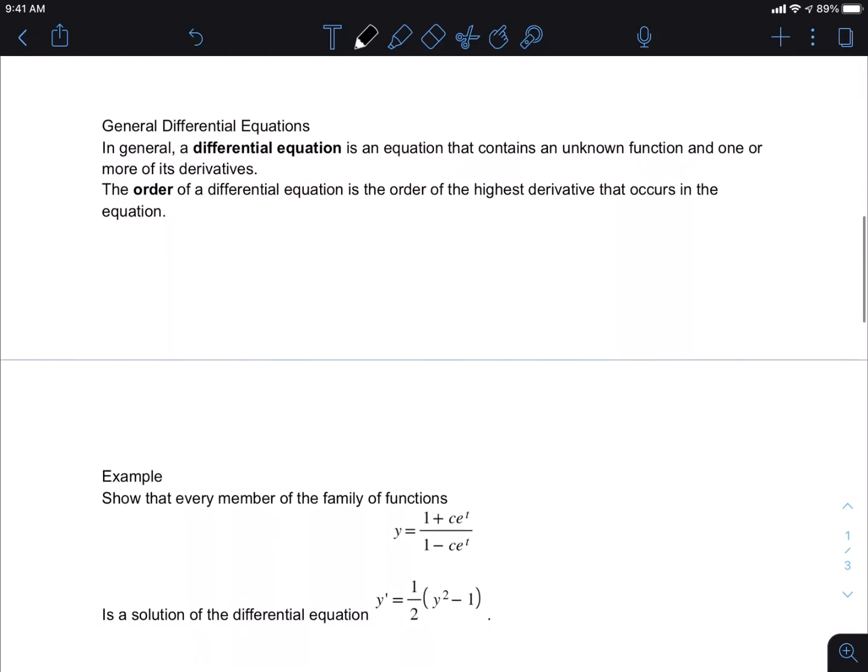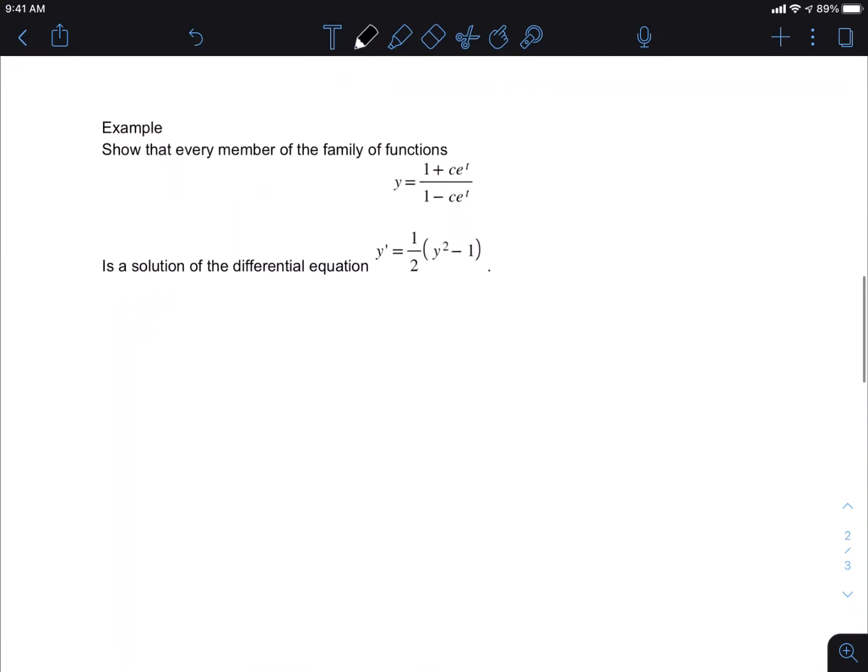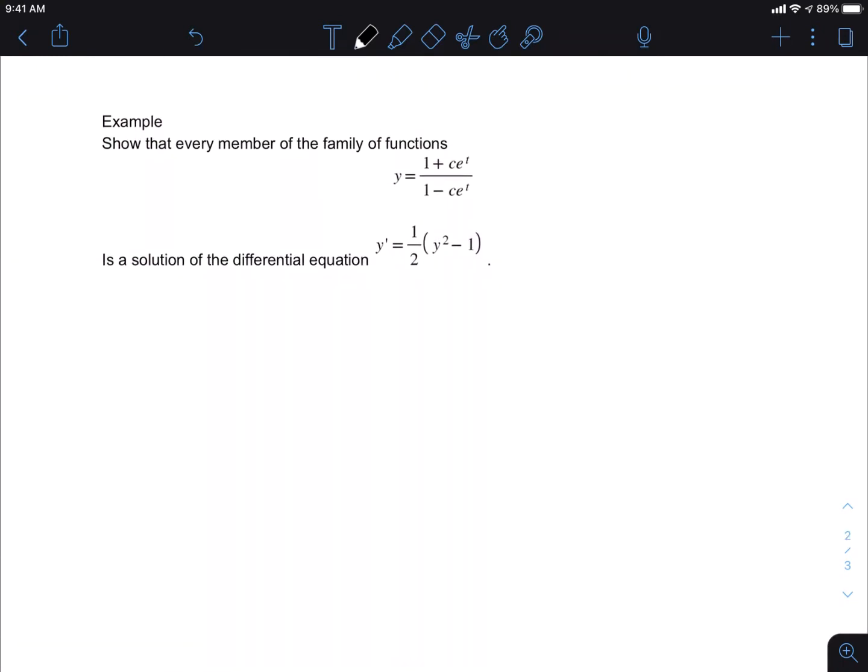Okay, so let's play with an example real fast and see if we can make some connections. Here is my example, and it says: show that every member of the family of functions y = (1 + c e^t)/(1 - c e^t) is a solution to the differential equation that they give us. And that's a first order differential, right? Does that make sense?